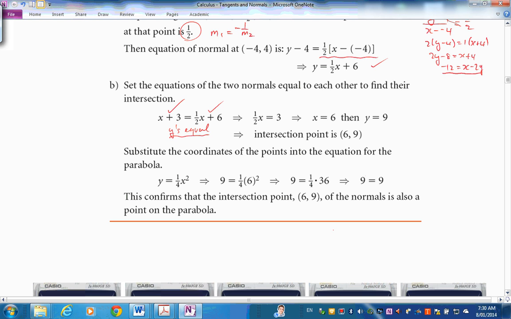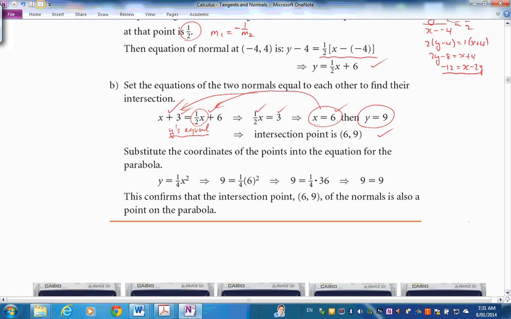So that's how we're going to find the point of intersection. So a half x, subtracting a half x from both sides, get a half x, subtracting 3 from both sides, get 3, so x is 6. Then how would you find the y? You can actually sub it into either of these equations and you get 9. So the intersection point is (6, 9).